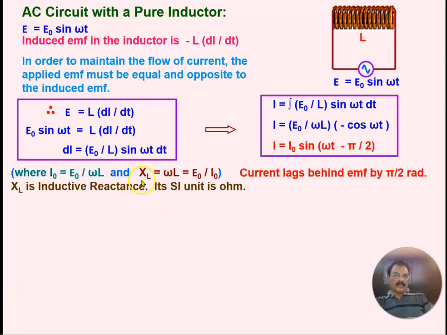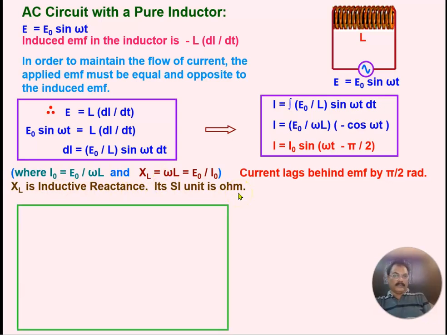Now, what is the formula? XL is equal to omega L. That is opposing the EMF. That is the inductive reactance, and its unit is ohm. You can see here in the animation figure how that EMF is produced in the inductor.